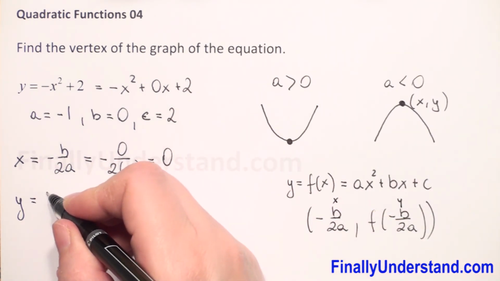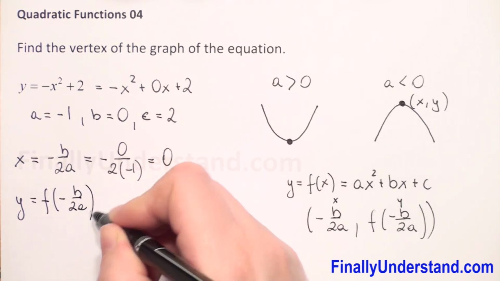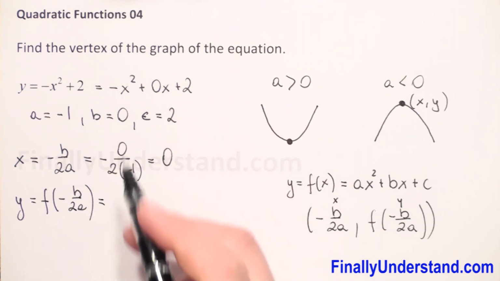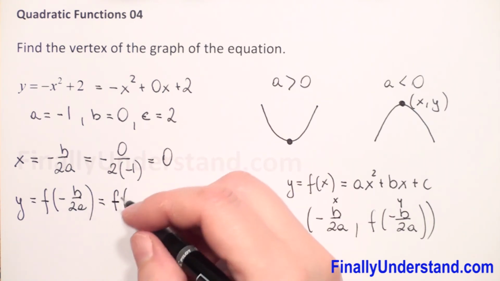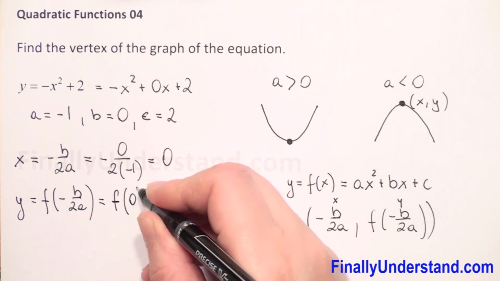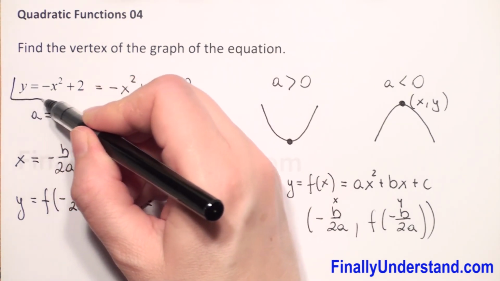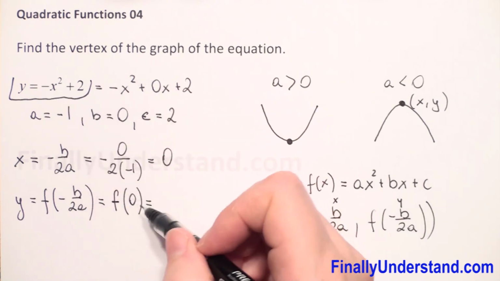Y is equal to f of negative b over 2a. We found that negative b over 2a is 0, so we can replace negative b over 2a by 0. Now we have to go to our equation, and we need to substitute x by 0.